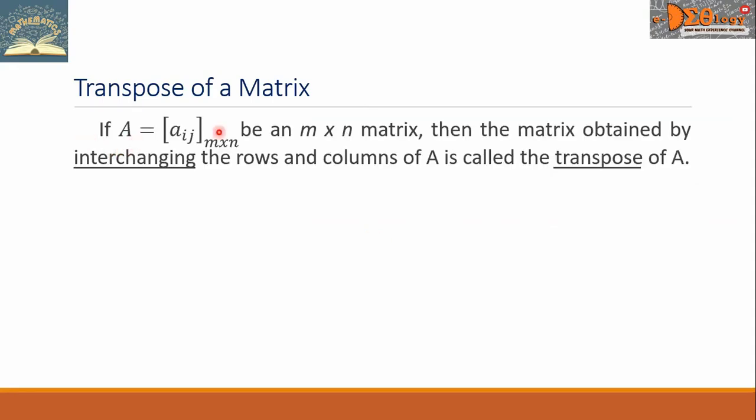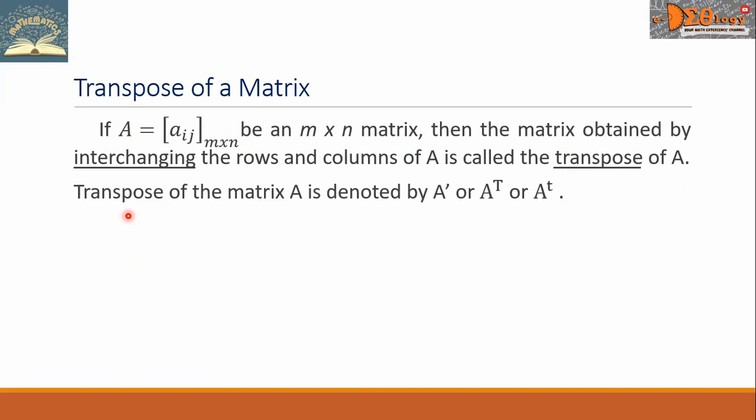If capital A is an M by N matrix, then the matrix obtained by interchanging the rows and columns of capital A is called the transpose of A. The transpose of the matrix A is denoted by A apostrophe, or A with exponent capital T, or A with exponent small t.